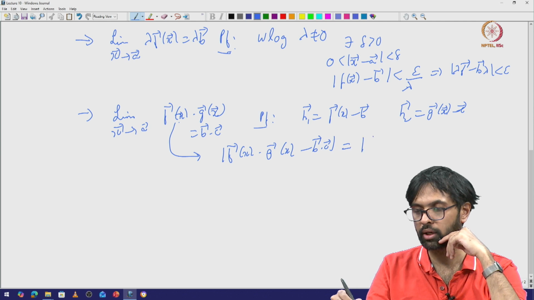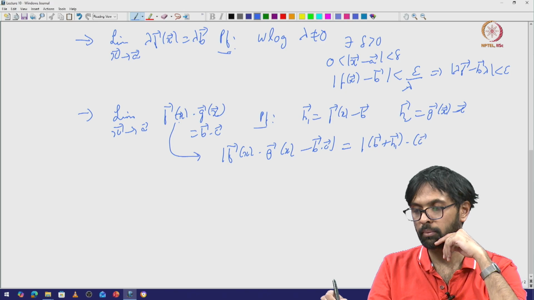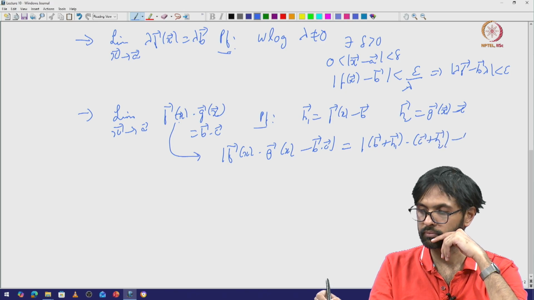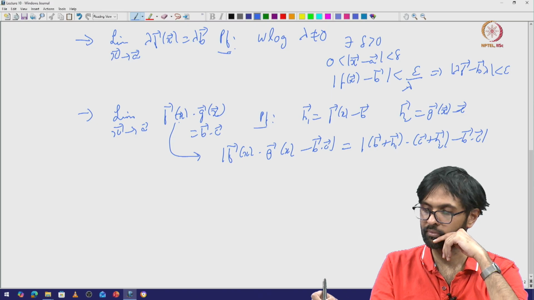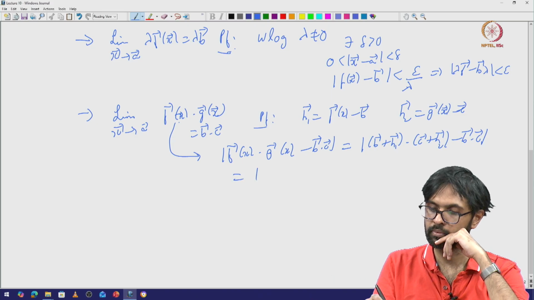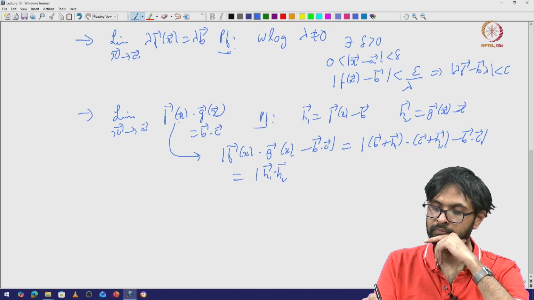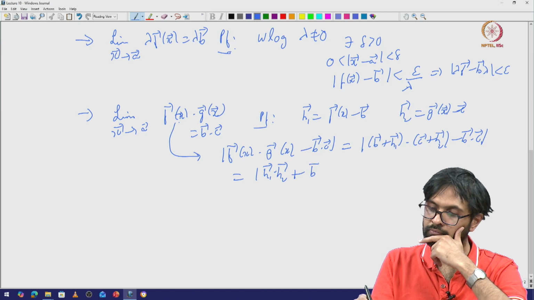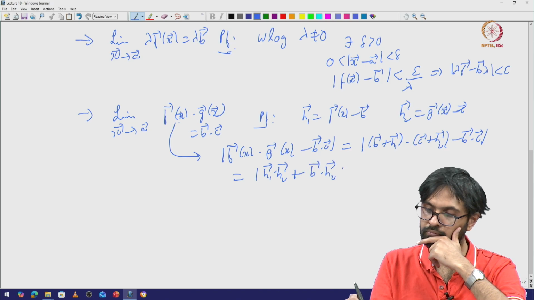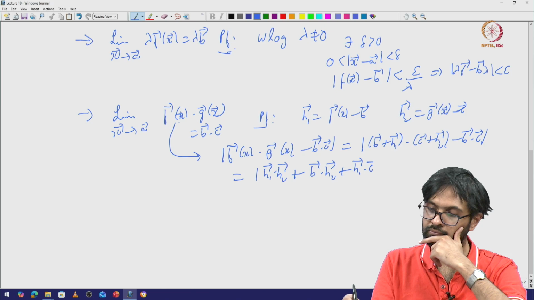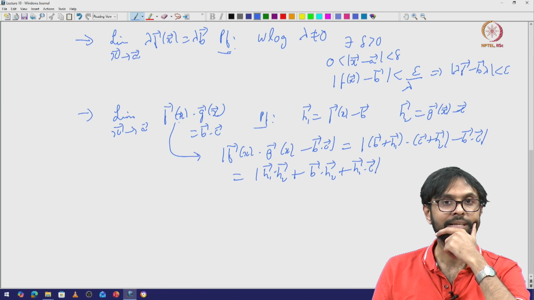So simply write it as b plus the error dot c plus the error. This is, b dot c's cancel out.